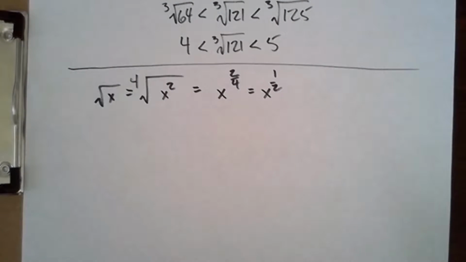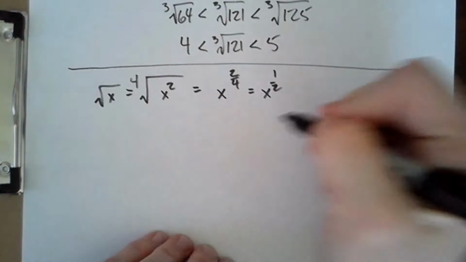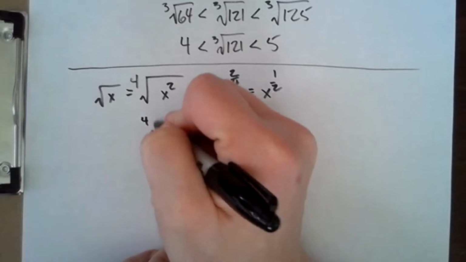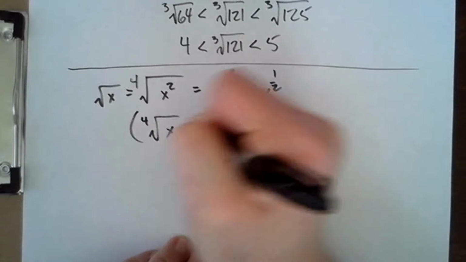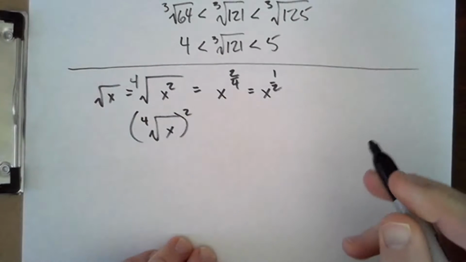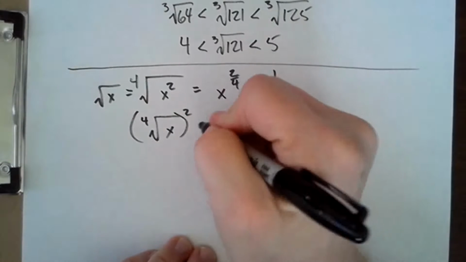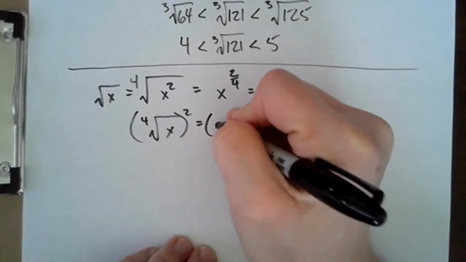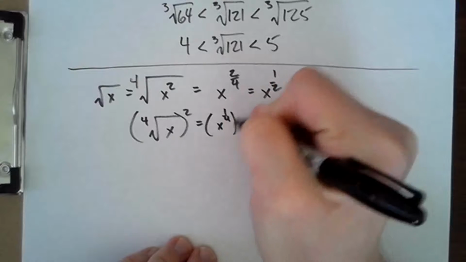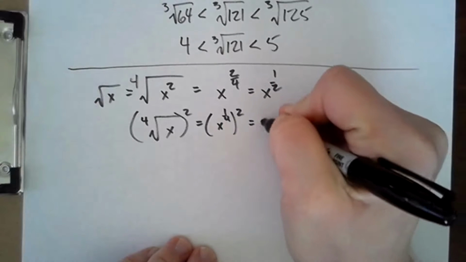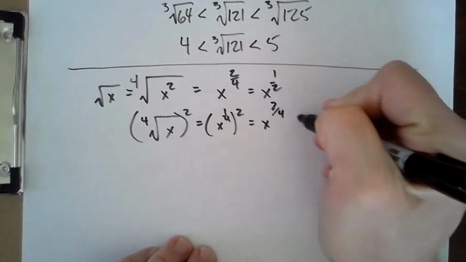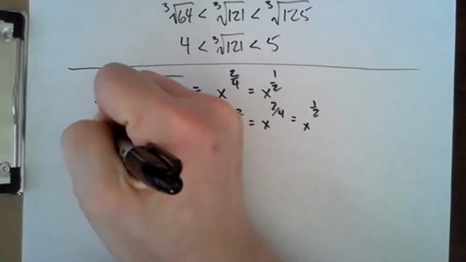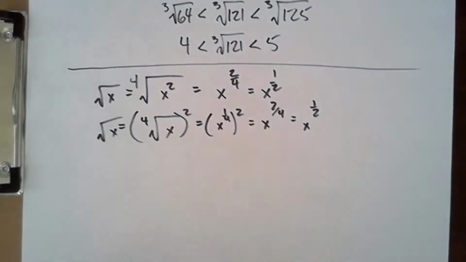The square of the fourth root of x, okay? So that's the fourth root of x quantity squared, which is equivalent to x to the 1/4 squared, which is x to the 2/4, which is x to the 1/2. So of course this is also equivalent to the square root of x.